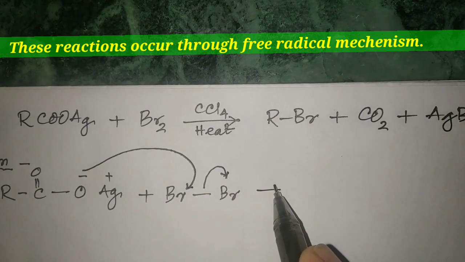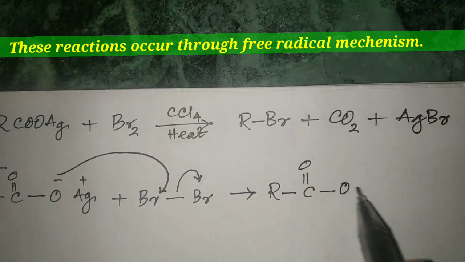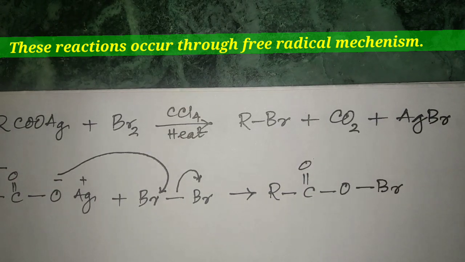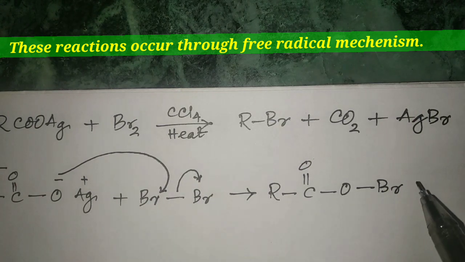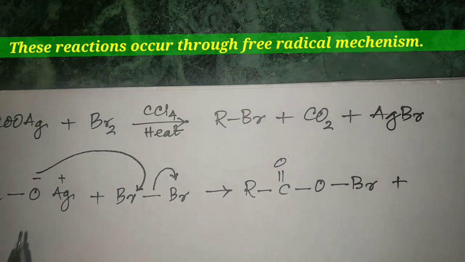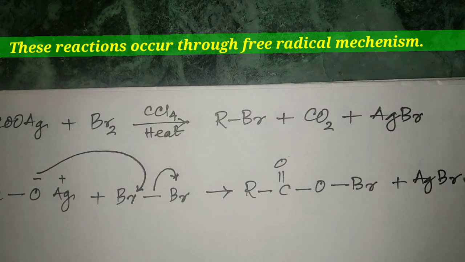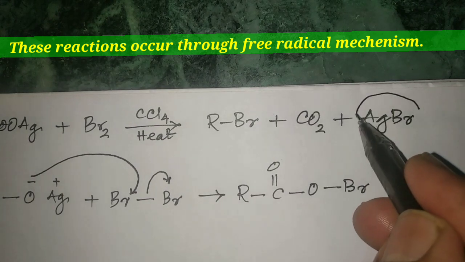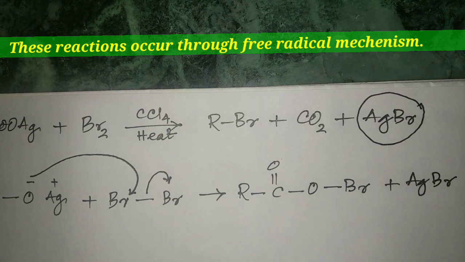Okay, then what will you get? RC double bond O, O, Br. One bond will be formed between this oxygen and bromine. Okay, this is a covalent bond, and this Ag plus and this Br minus will give rise to AgBr. This is your side product. This has been shown in the general equation, AgBr. Okay, and this is your acyl hypobromite.